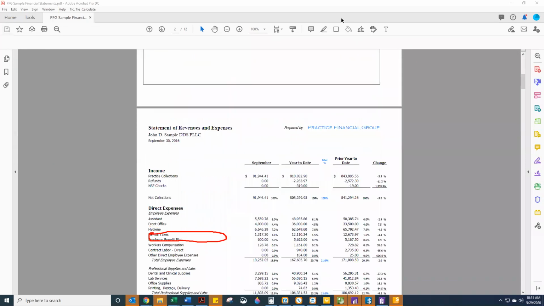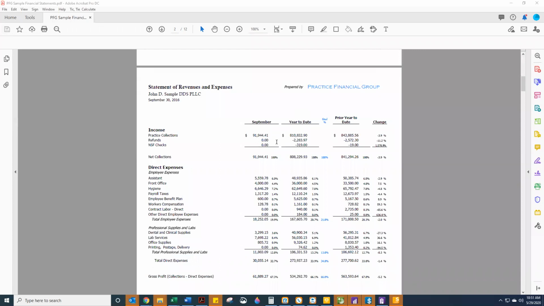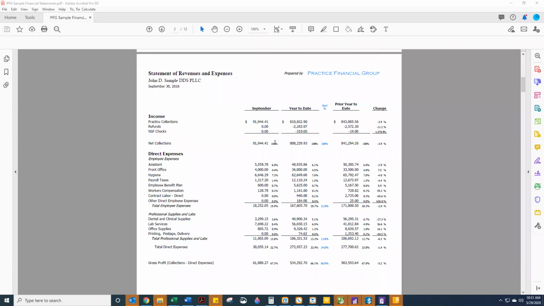So the next 3 pages of the financial statements are really the most important. These are what's called the profit and loss statements. You can see here that we name them the statement of revenues and expenses. You might hear them as an income statement, profit and loss, lots of different names, basically to allow us CPAs to keep our jobs, right?